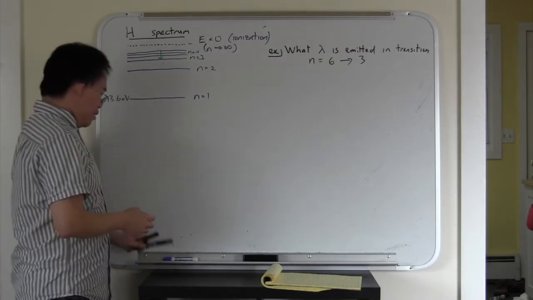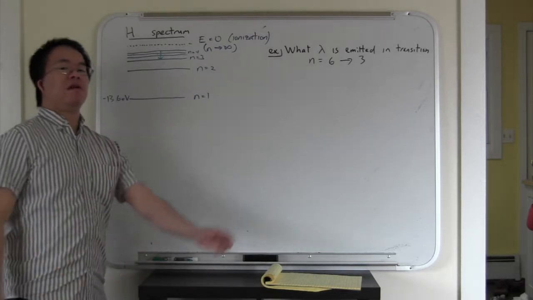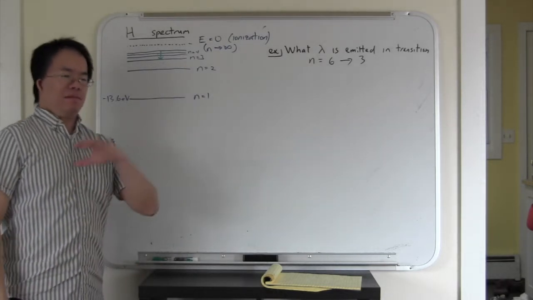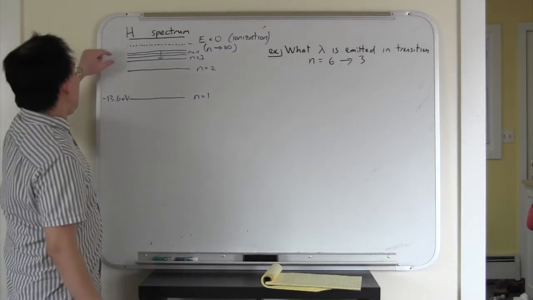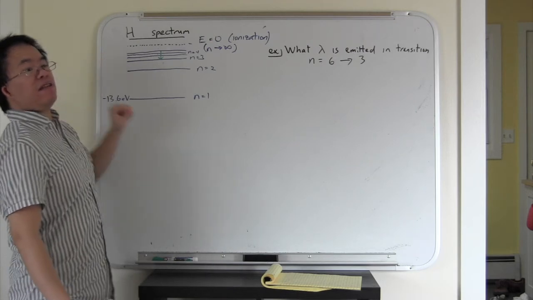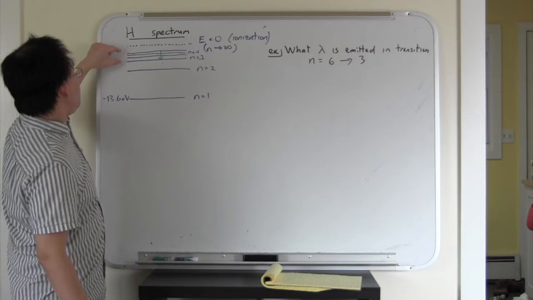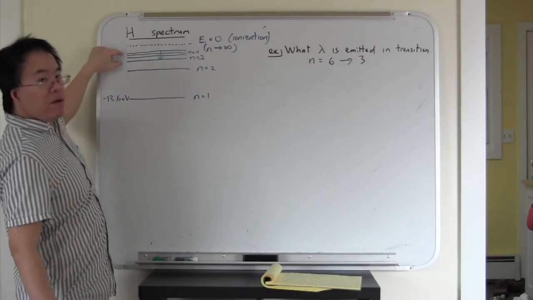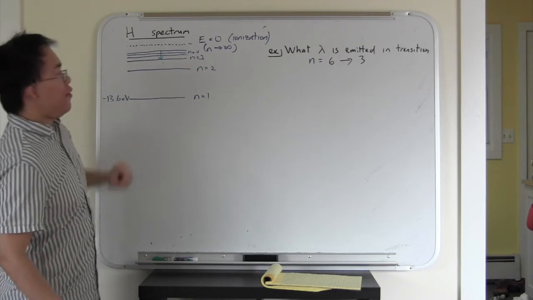Okay. And so we can calculate this in the following way. So first, we know that in the Bohr picture of atoms, this transition from n equals 6 to n equals 3 is associated with the atom emitting a photon whose energy is equal to the energy difference between these two levels.